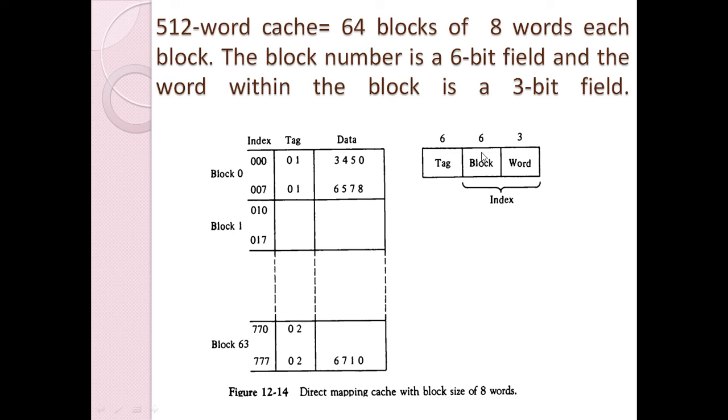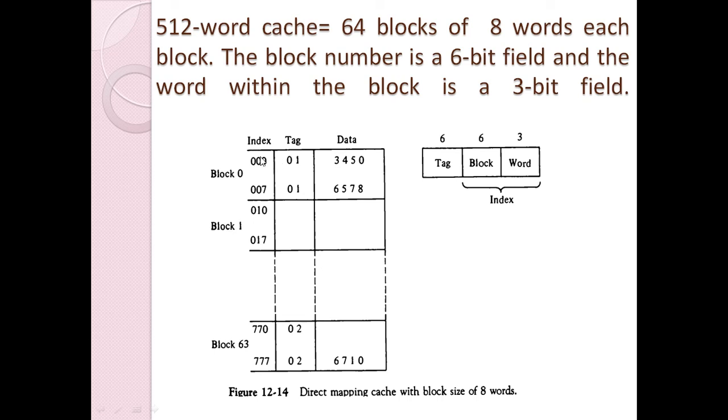So this 6 bits is the block number and 3 bits is the word number. This tag is a different thing. That tag is stored along with the data in cache memory. Say 01 is the tag, and this is the data, and this is the index part.